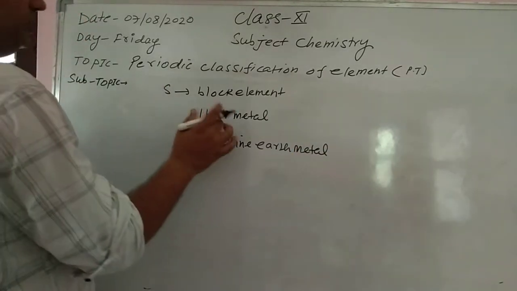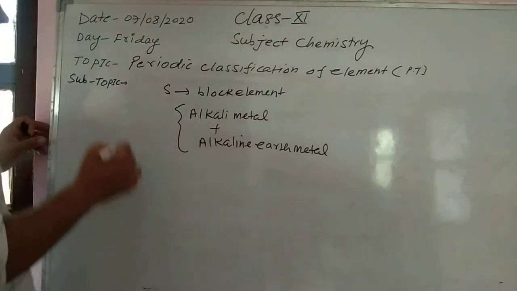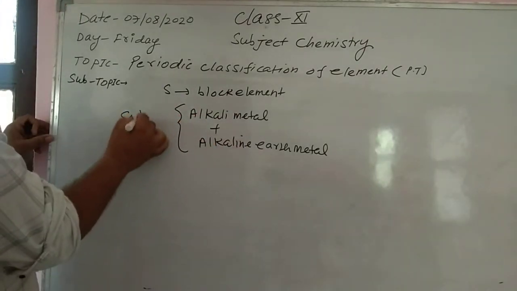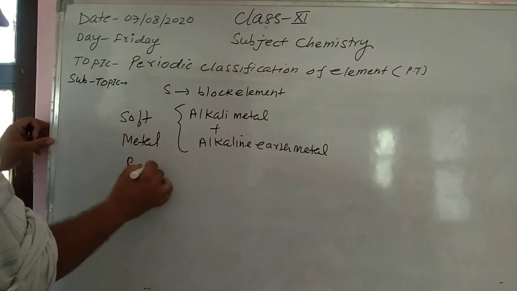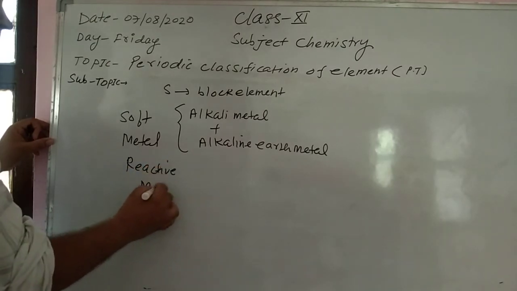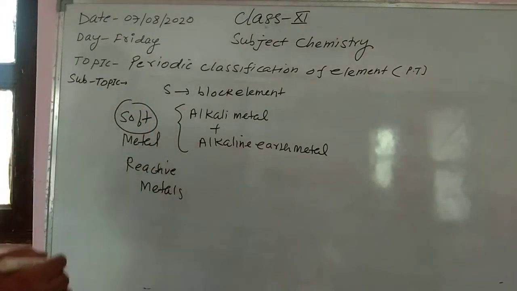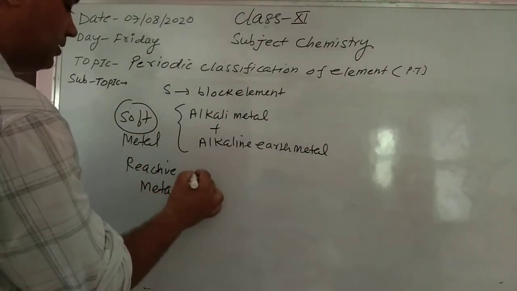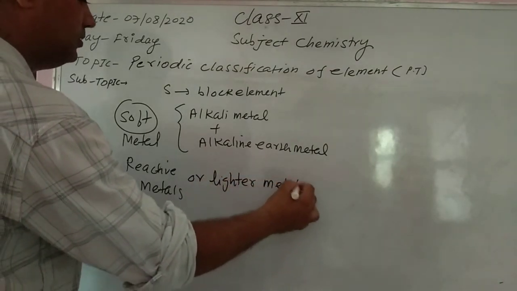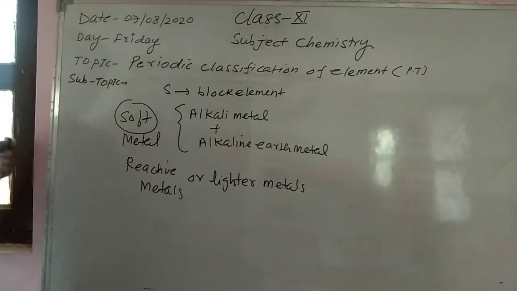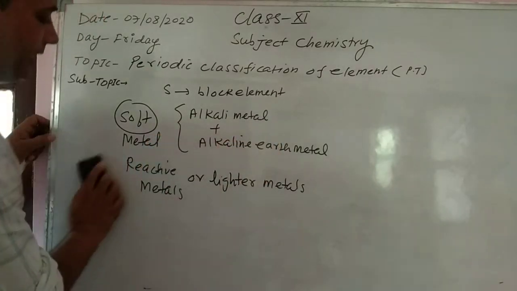S block elements contain soft metals, not hard metals. They contain reactive metals, and generally lighter metals. So the S block contains alkali metals as well as alkaline earth metals.